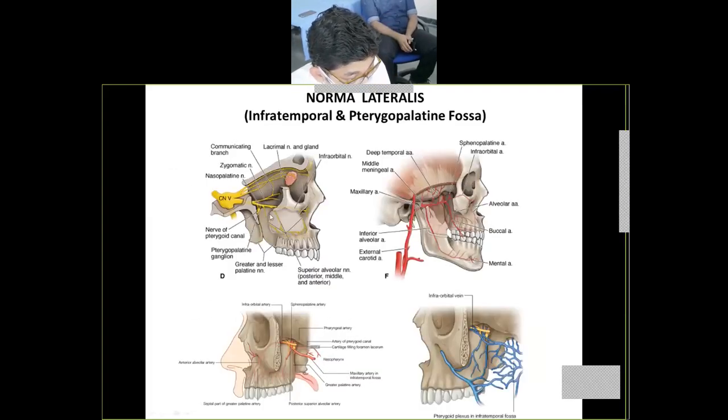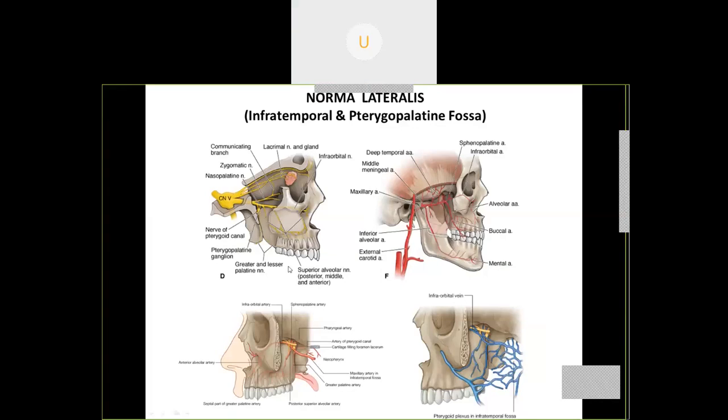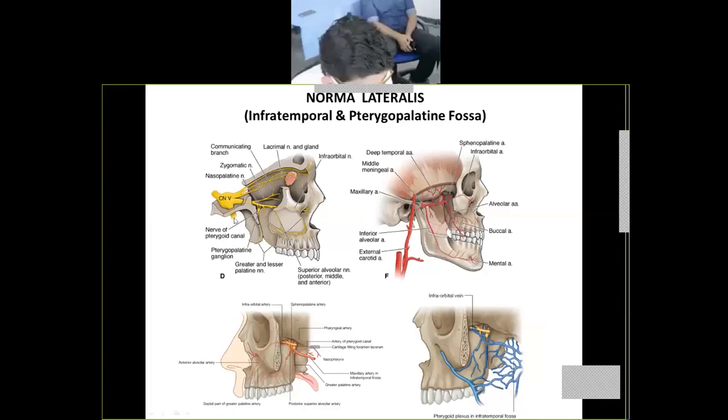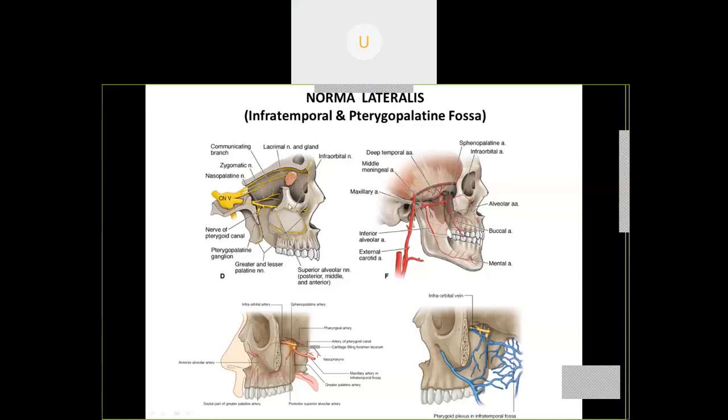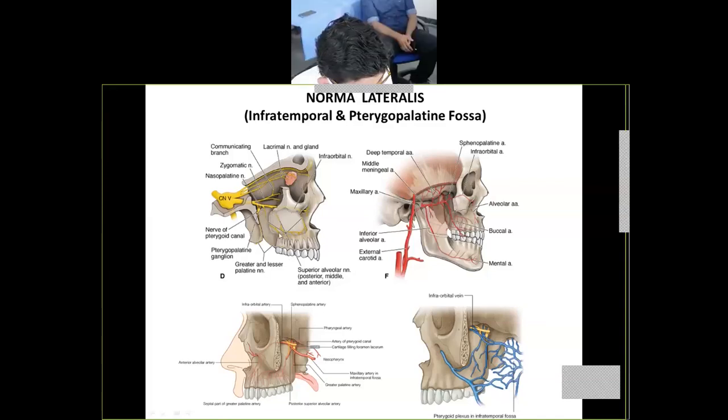Okay. If you see this area, here is the infratemporal fossa. This is which bone? Anyone? This is which bone? Zygomatic. No, this one. This zygomatic was cut like that. What bone is this?